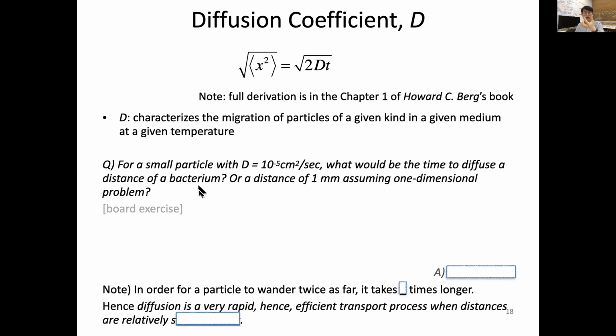You know that a bacterium has a length scale of about 1 micron. Or consider 1 millimeter of space, assuming a one-dimensional problem: how long does it take for the solute molecule to go from one end to the other, about 1 millimeter? That's the question, and we will move on to the next step.